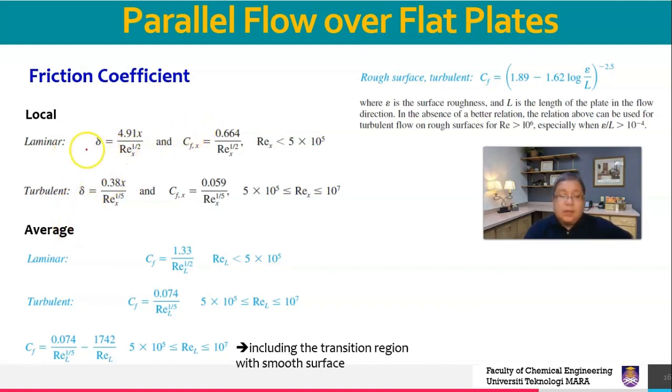And in local and average, we can further divide into types, which depend on the flow regime, which is laminar or turbulent. If laminar, this will be the formula, and this will be the formula for turbulent.